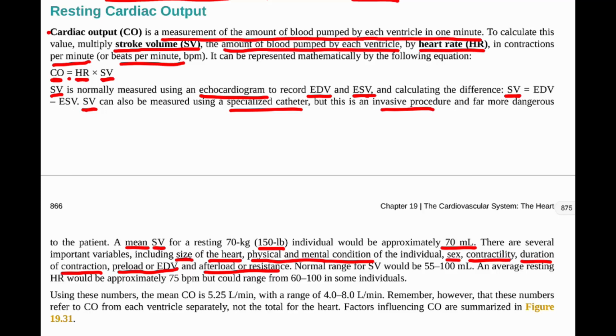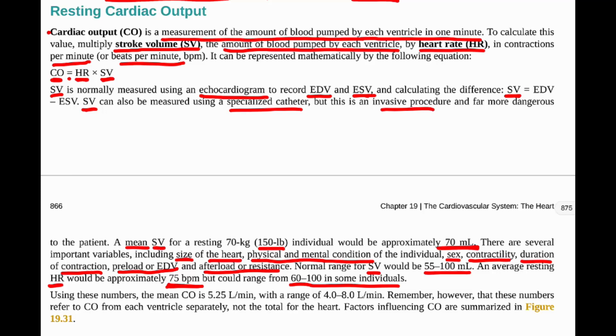Normal range for the SV would be about 55 to 100 milliliters. An average resting heart rate would be about 75 beats per minute, but remember it's 60 to 100. So the range is 60 to 100 for heart rate. The range for stroke volume is 55 to 100 milliliters. Our mean for stroke volume is 70 milliliters, and our mean heart rate is 75 beats per minute.